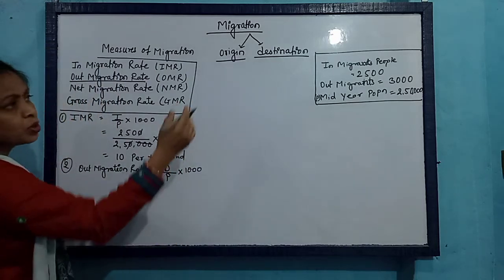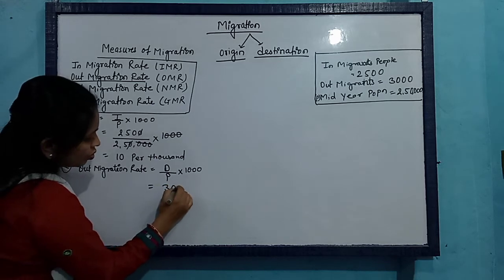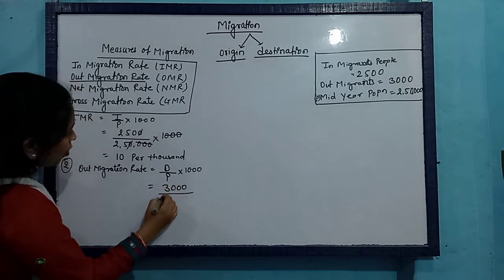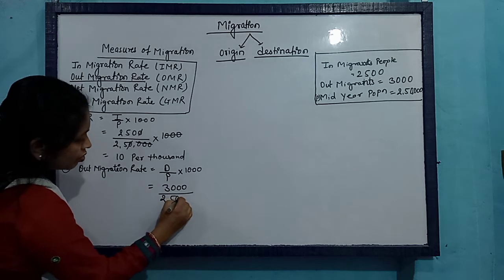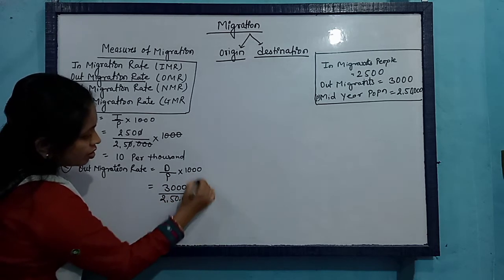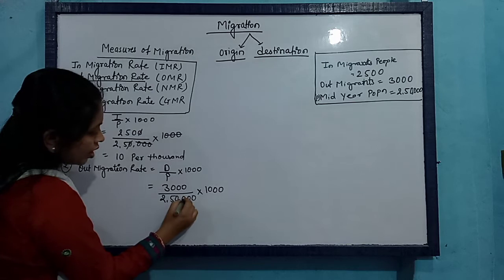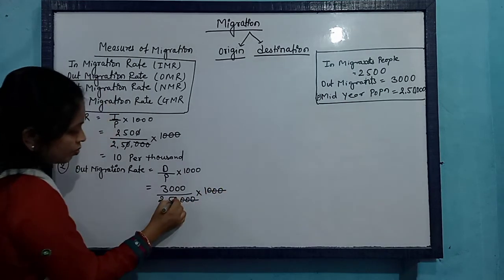Now we put the values: O is equal to 3000, mid-year population is equal to 2,50,000, and 1000 is the constant because we have to find out for 1000 people.